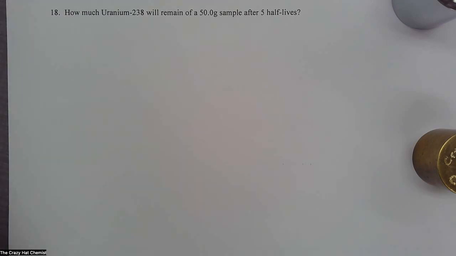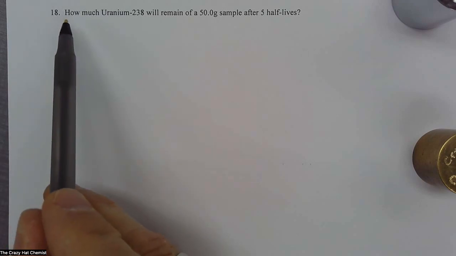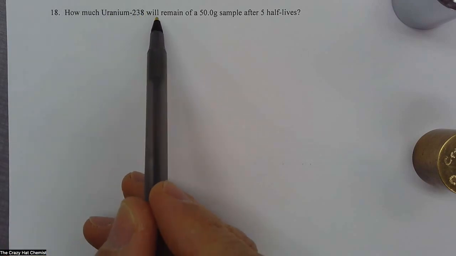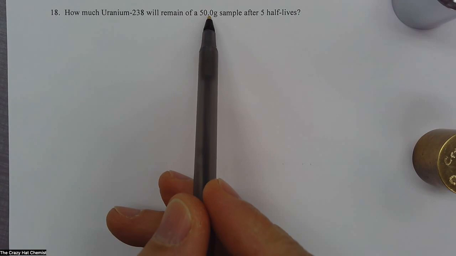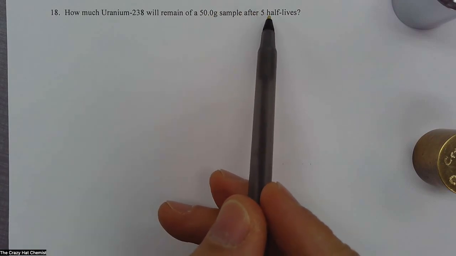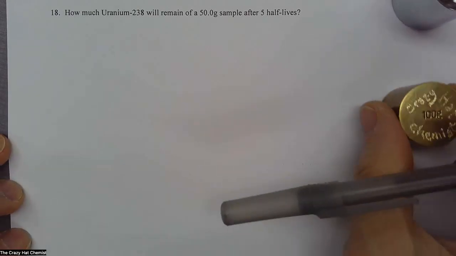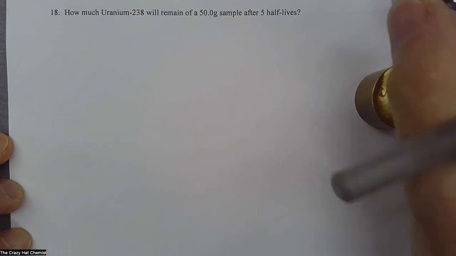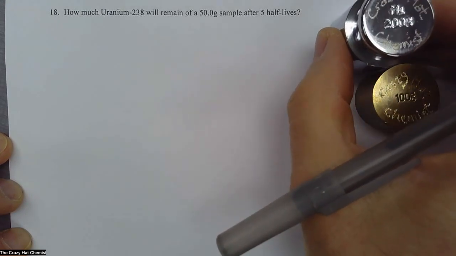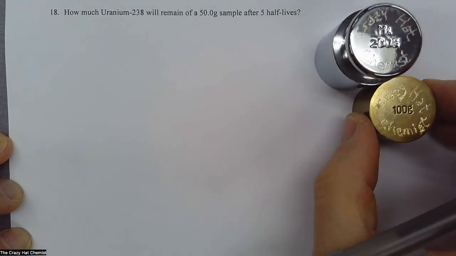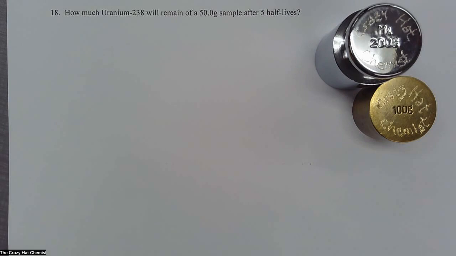All right, so what we've got here is problem number 18, and it says the following. How much uranium-238 will remain of a 50.0 gram sample after 5 half-lives? Okay, so one way to do this is a table method, okay? And this is the simplest mathematical method that you can potentially use, okay?